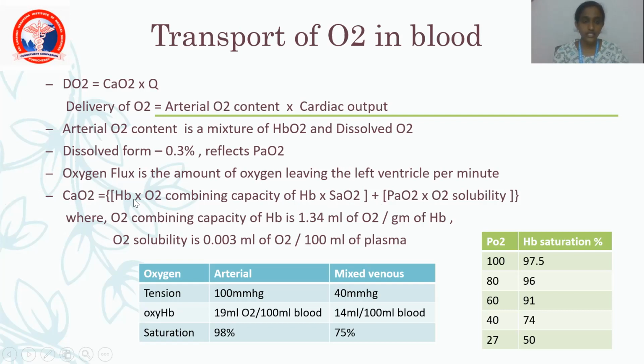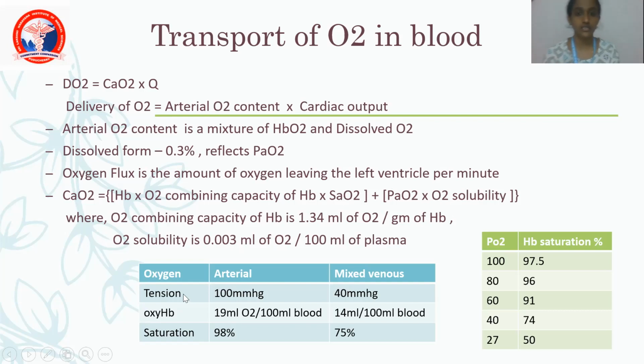The Hb content is split into this formula: the Hb of the patient into the oxygen combining capacity of hemoglobin, which in a normal patient is 1.34 ml of oxygen per gram of hemoglobin, into the saturation of oxygen, plus PaO2 into oxygen solubility, and this oxygen solubility is normally 0.003 ml of oxygen per 100 ml of plasma.